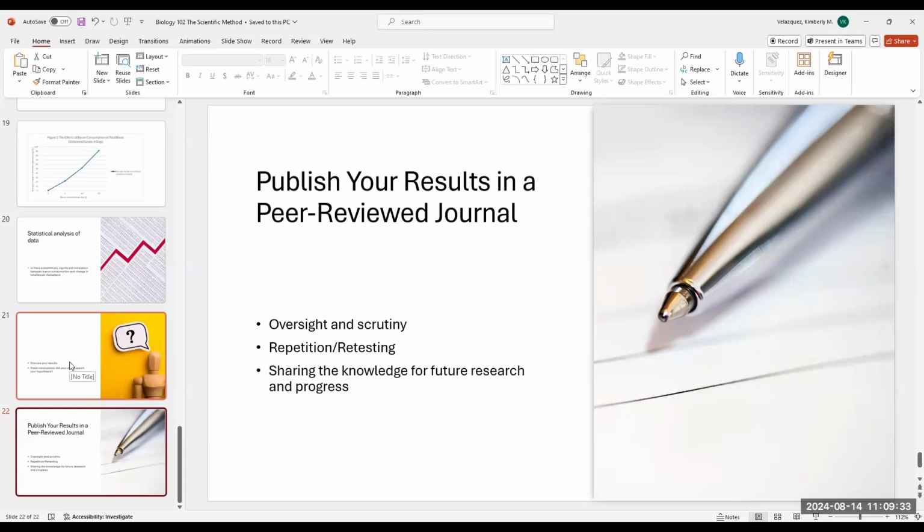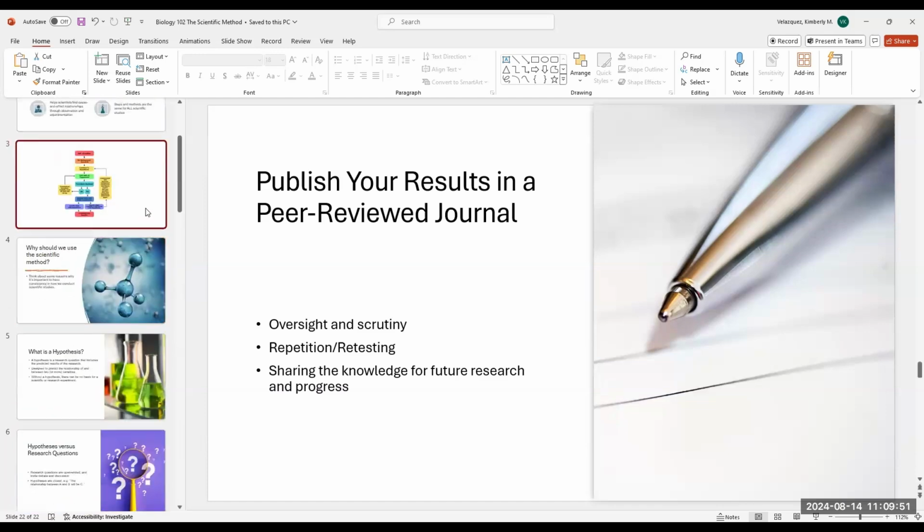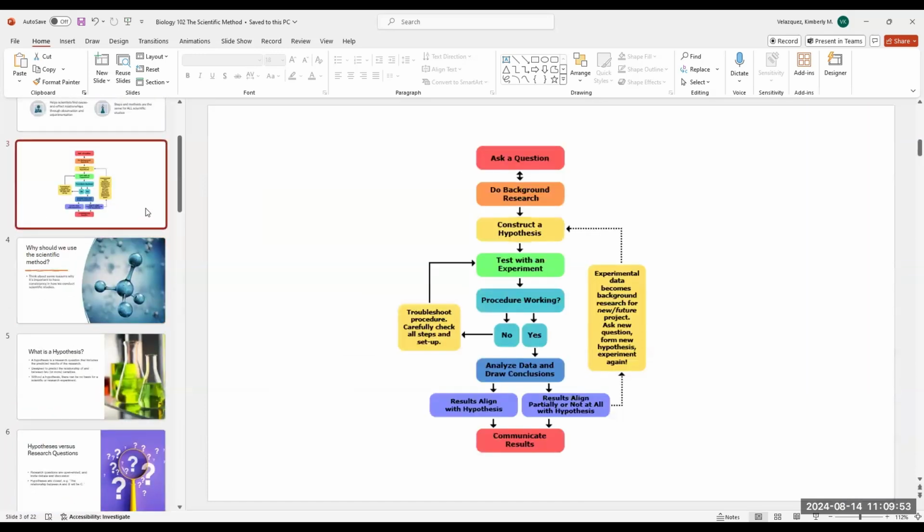So sometimes progress is slow when information isn't shared, but it just really emphasizes the importance of publication and scientists sharing their information. Obviously, this semester, you're not publishing your results in a peer-reviewed journal, but we're still going to follow all of these great steps of the scientific method in everything we do.